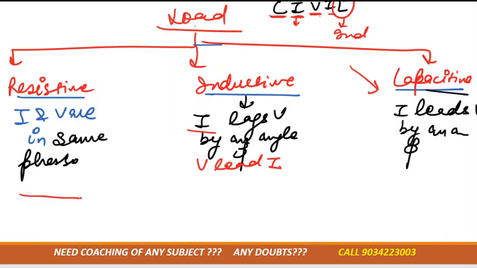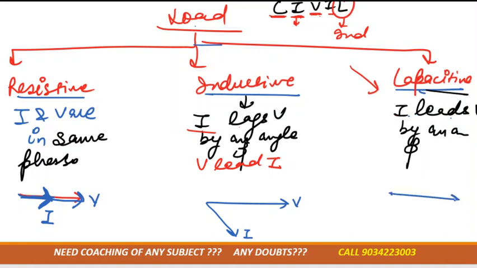If voltage and current are in the same phase, voltage is on the x-axis, and then current is also on the x-axis. If current is lagging the voltage, voltage is always on the x-axis, and current is lagging, which means current is on the downward side. In the case of a capacitor, current leads voltage. Here in this case the phi angle is 0.